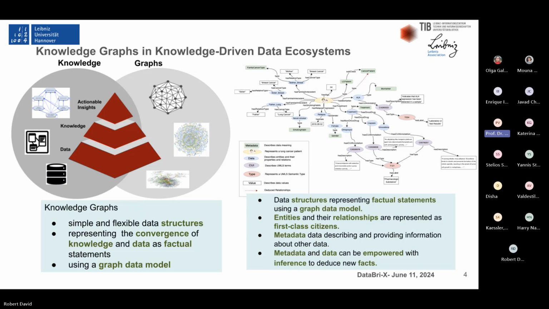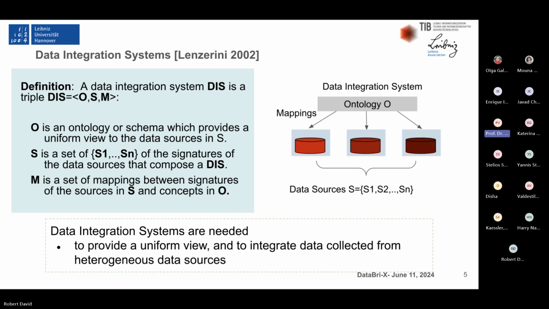Something very important in the language of the SDM-RDFizer is that we have a concept of data integration systems. This concept, together with what we call the knowledge-driven ecosystems, is what allows us to define this knowledge graph declaratively, and also to give the input to the SDM-RDFizer.